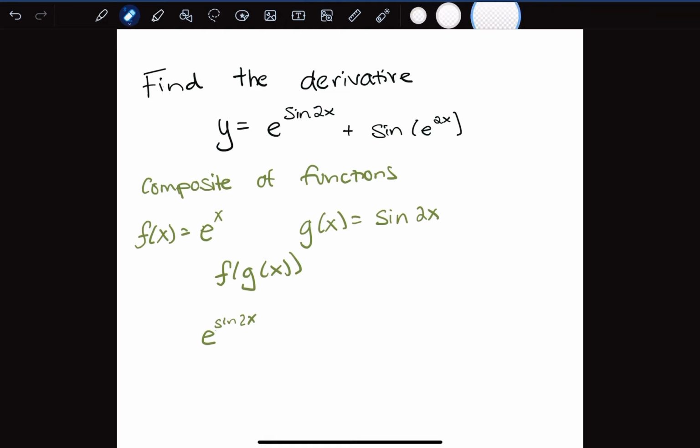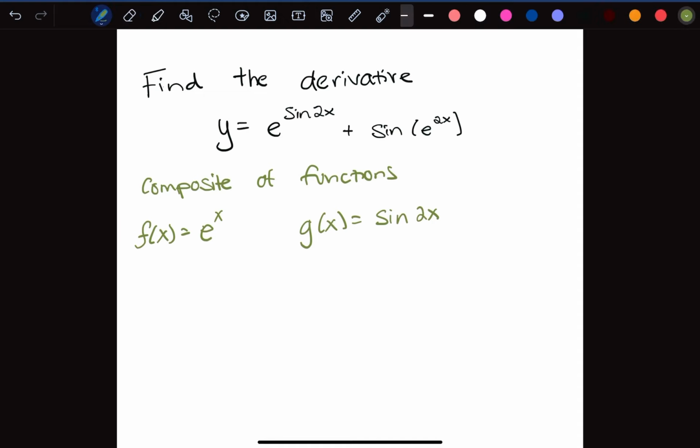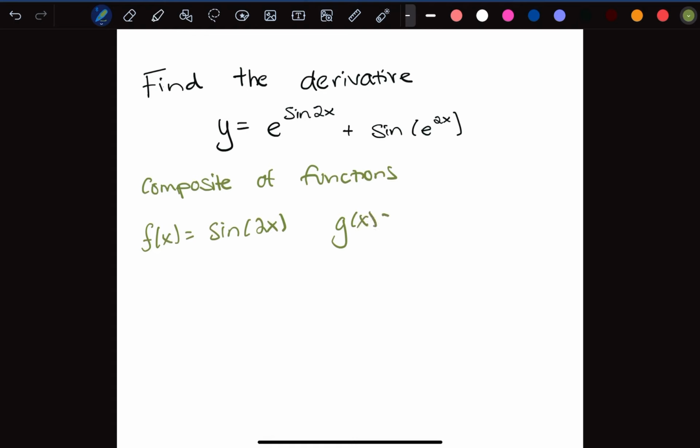And then the other trick here is that if we're looking at sine of 2x, that is also technically a composite of two functions, because if our f of x is equal to sine x, then our g of x would be equal to 2x.